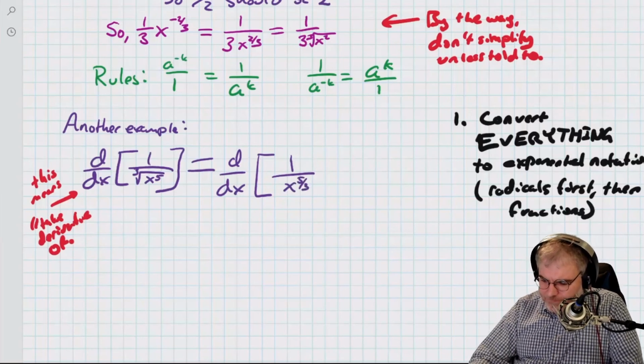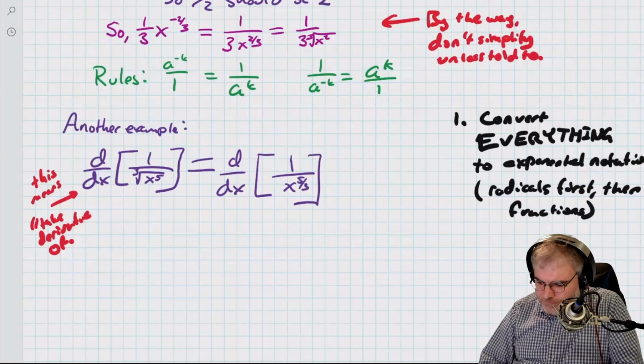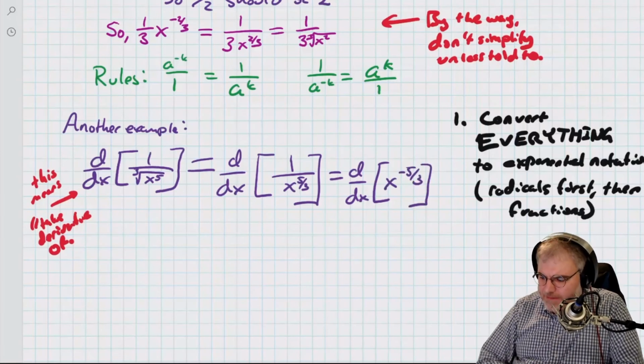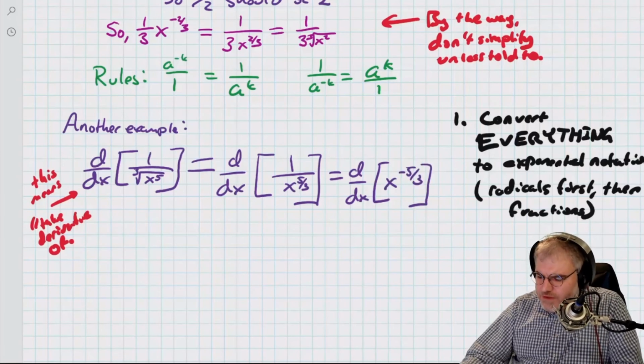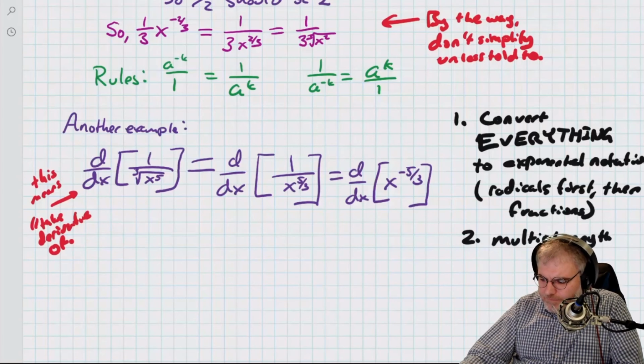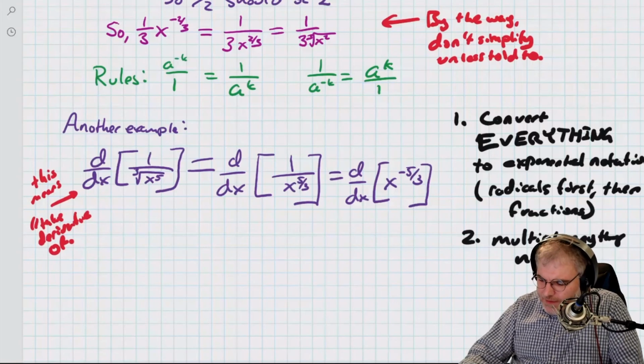That equals the derivative of what's inside: x to the negative 5/3. Multiply anything needed. In this case, nothing. And then 3, apply the power rule.